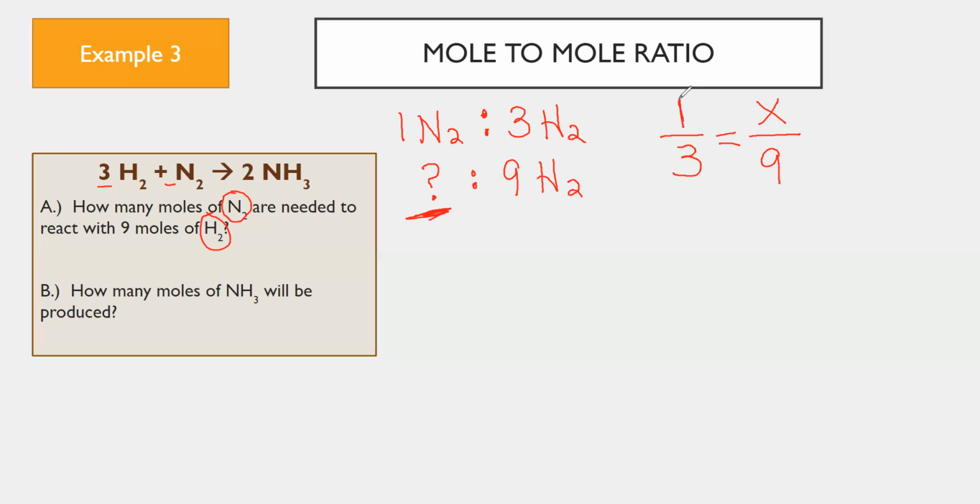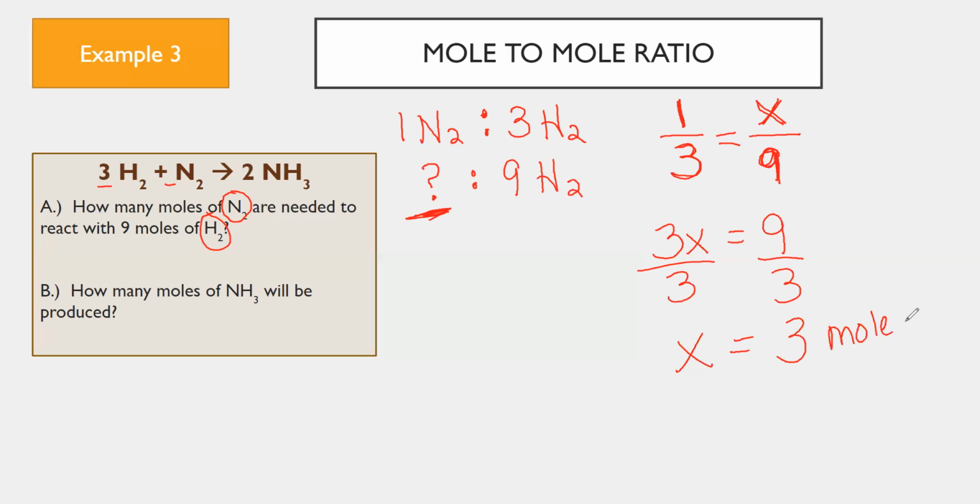So this is what the reaction normally tells us we have, but now we've bumped up our number of hydrogens, and we're trying to figure out how many that is. So you just cross multiply. 3 times X is 3X, and 9 times 1 is 9, and then you just solve for X. X equals 3. So we need 3 moles of N2 to react with those 9 moles of hydrogen.